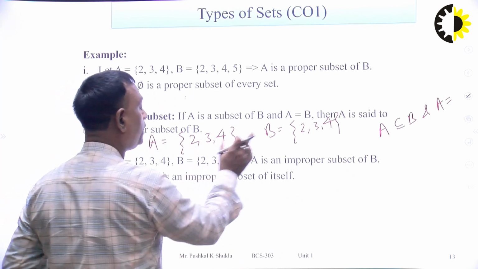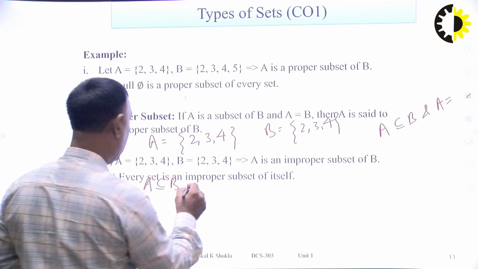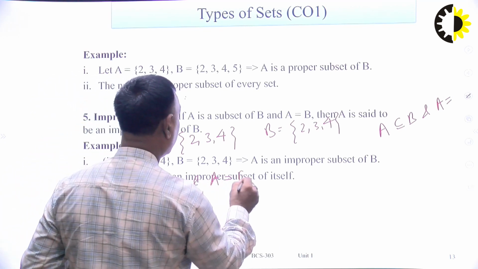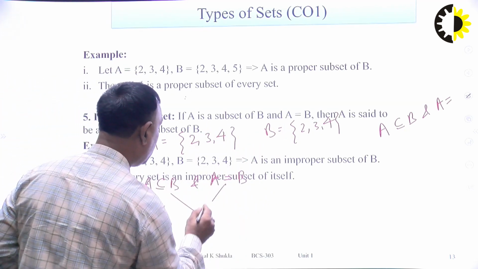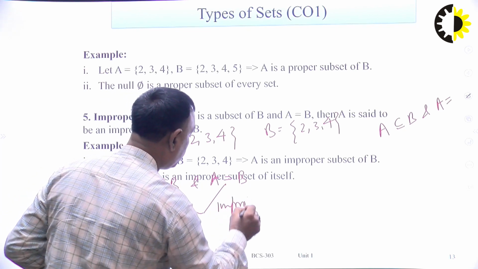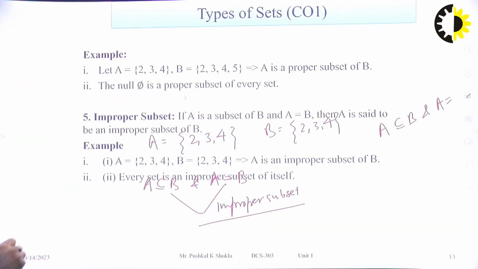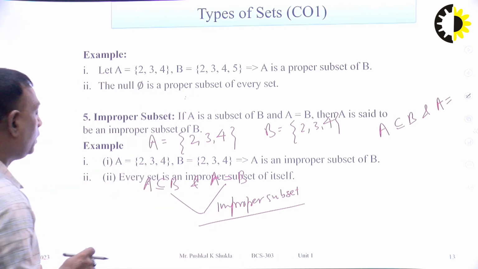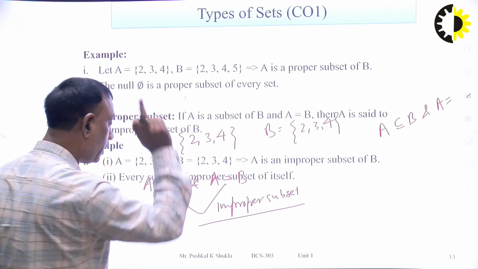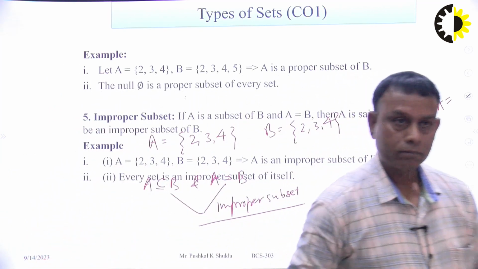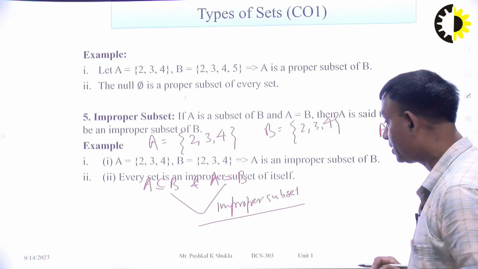Here all the elements of set A are in set B. So we can say A is a subset of B and also A equal to B. So this is the case of the improper subset. This is not proper. For proper, there must be at least one element in B that is not in A. But here A is a subset of B and A equal to B. So this is the example of the improper subset.